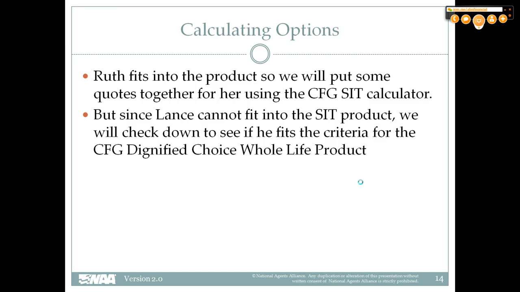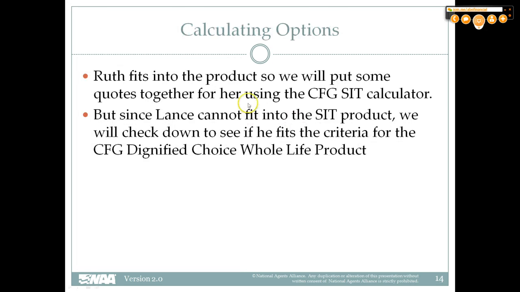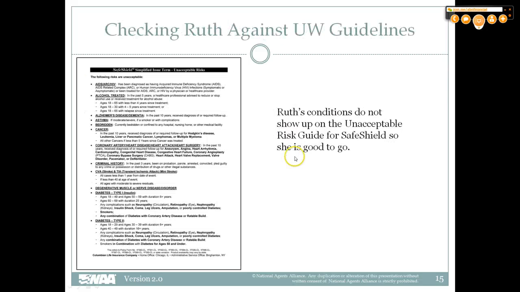So let's take a look at Ruth's underwriting guidelines. Okay, let me back up. I think this might be out of order. So let's check Ruth against the underwriting guidelines.